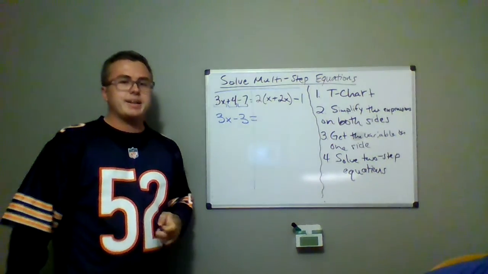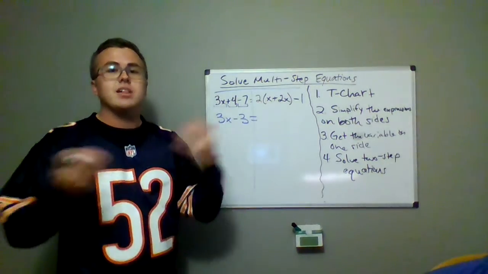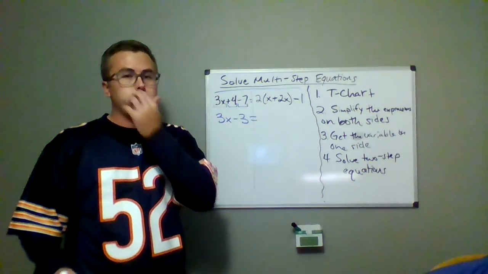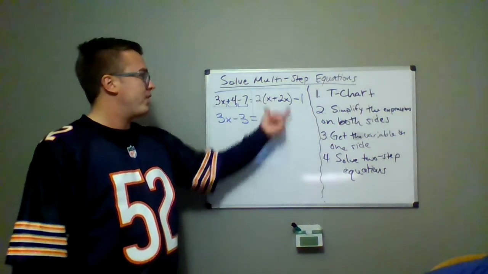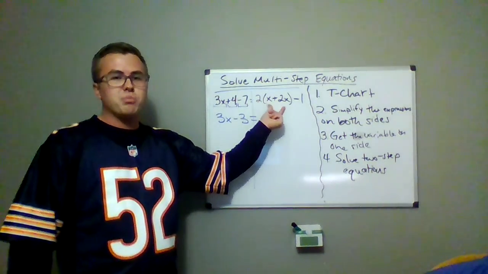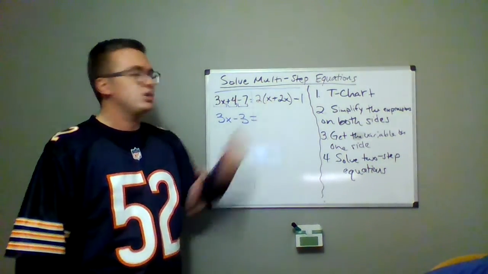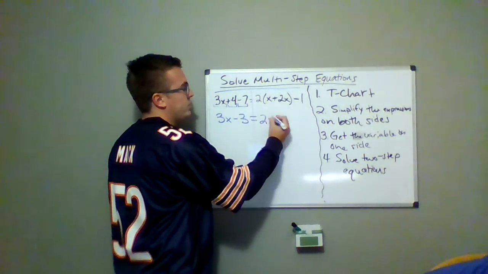On the right side, you might be thinking, oh, we've got 2 outside the parentheses. Let's jump right into the distributive property, and you can do that, and that's fine. But think about order of operations. I want to see if I can simplify inside the parentheses first. And since x and 2x are like terms, I can simplify that to be just 2 times 3x minus 1.